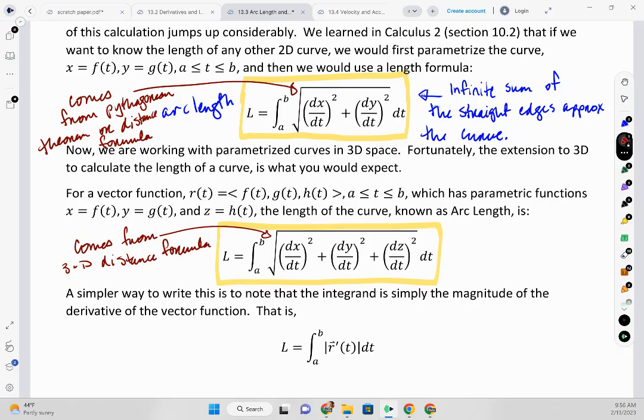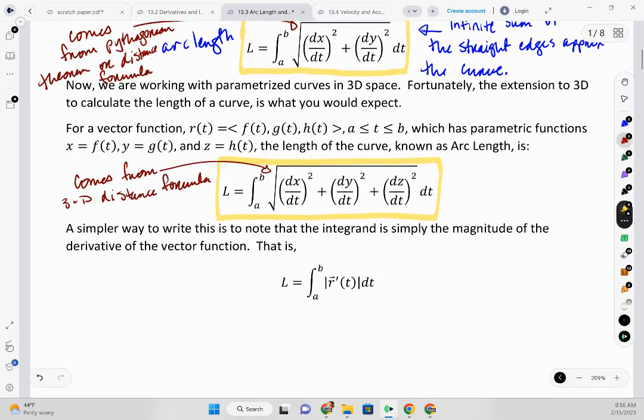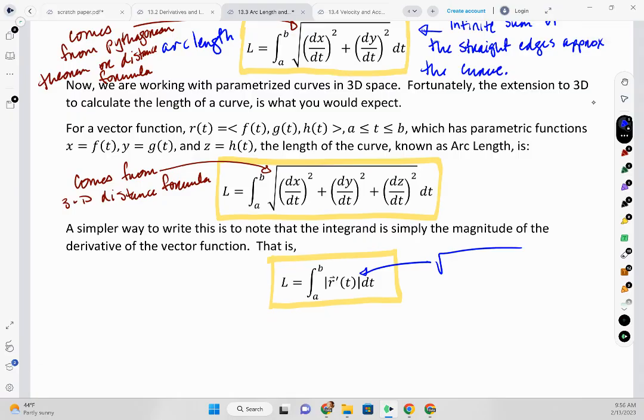Now, these formulas are given to you on your formula sheet. However, the way that they're given to you is in this more concise form that takes care of 3D and 2D. So if you remember what the magnitude of a vector is, it just means it's the square root of the sum of squares.